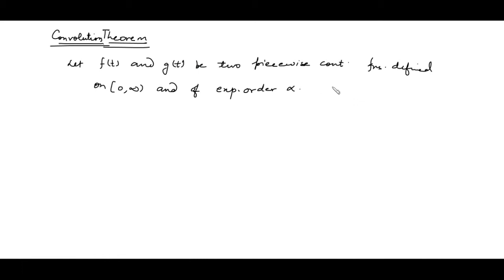Then we want the Laplace transform of f convolution with g, meaning the Laplace transform of this integral. Directly we cannot write the Laplace of f star g. We don't know what the star is here; we have to define that star.